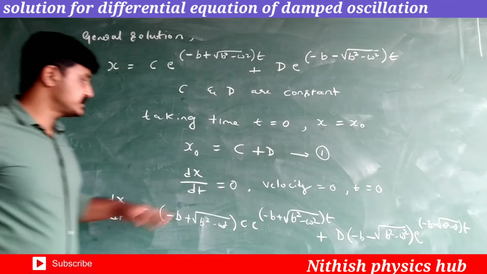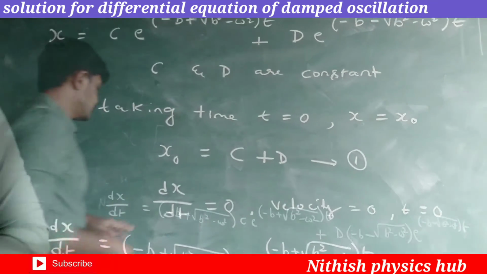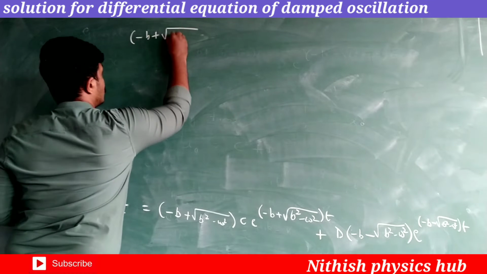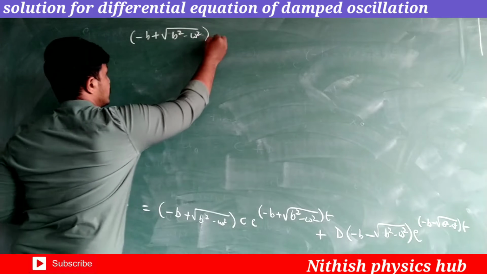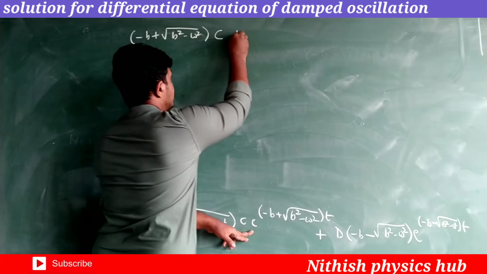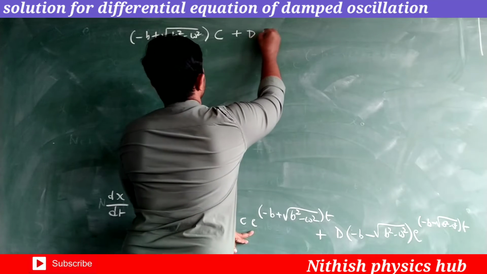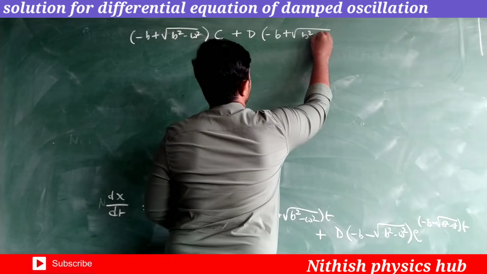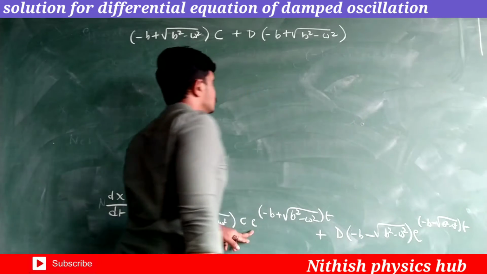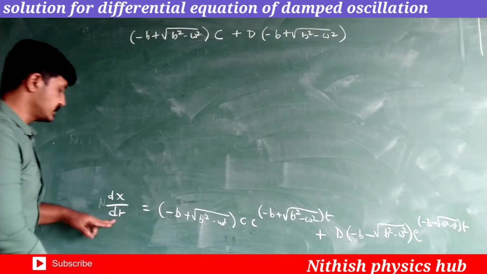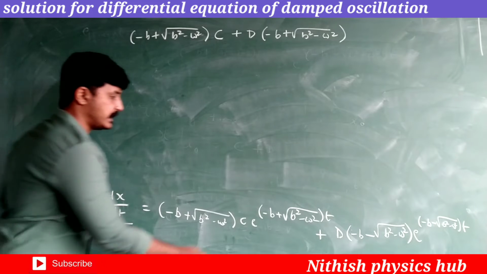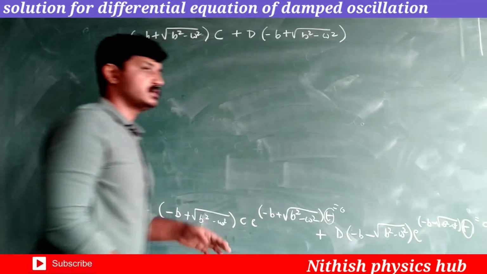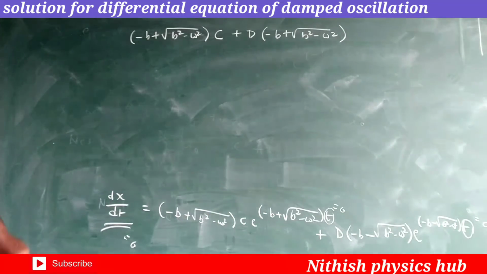So at that point, if you take the exponentials as 1, the equation becomes: minus b plus root of b square minus omega square into c, plus d times minus b minus root of b square minus omega square, equal to 0. So this is the solution; the remaining terms give the above equation.